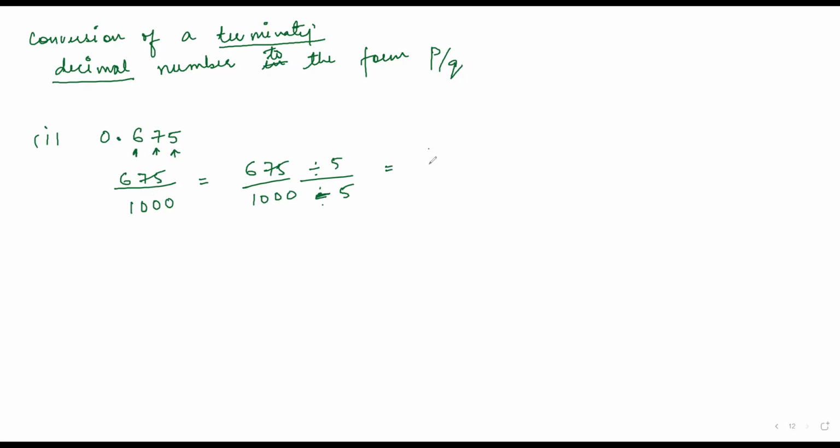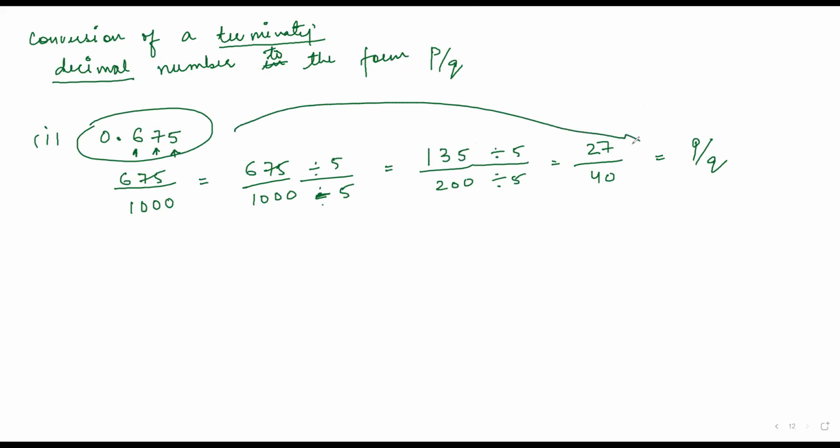So I get 135 divided by 200. Again I can divide this by 5, so I get 27 by 40. So this is of the form P by Q. I have converted my terminating decimal in the form of P by Q. Got it? Okay, so this way you have to convert it.